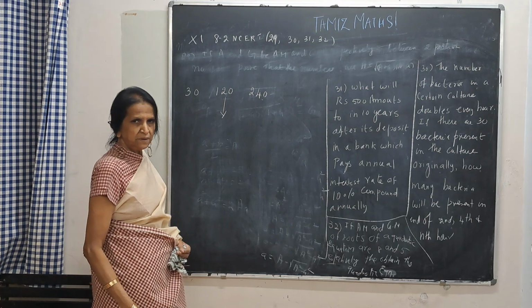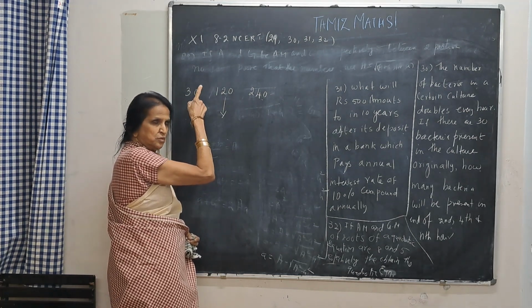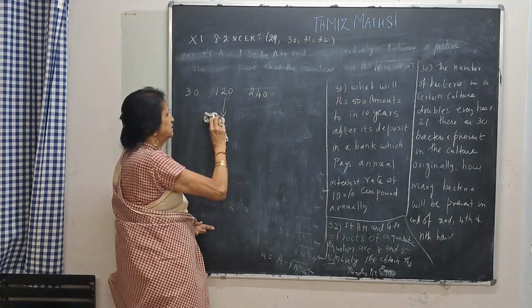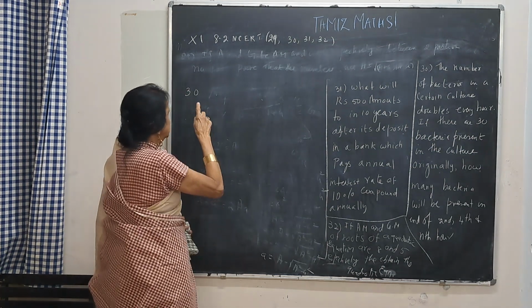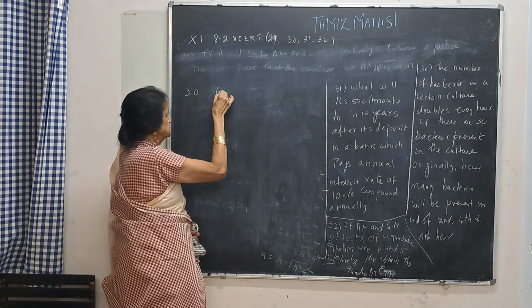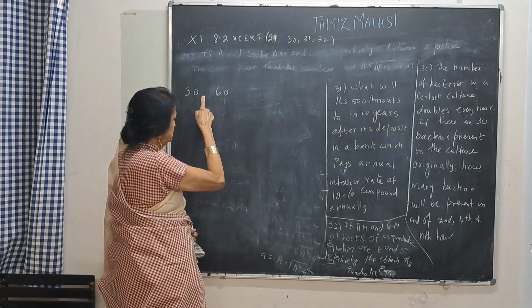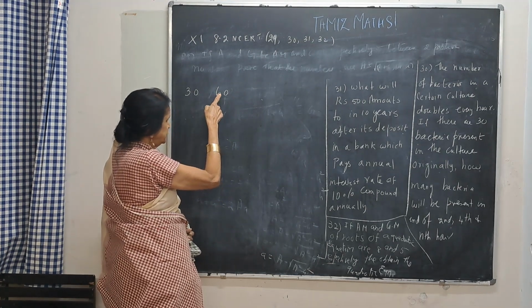I again repeat. In the beginning, it is 30. After 1 hour, it will double. So it will become 60. So this is in the first hour end.